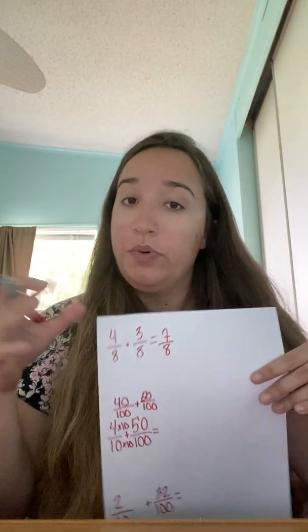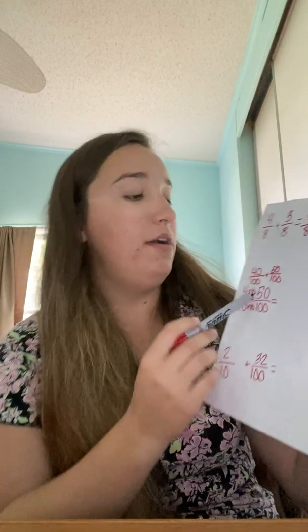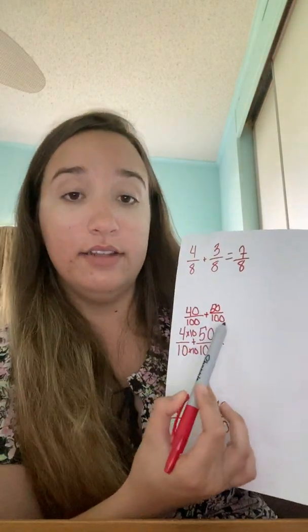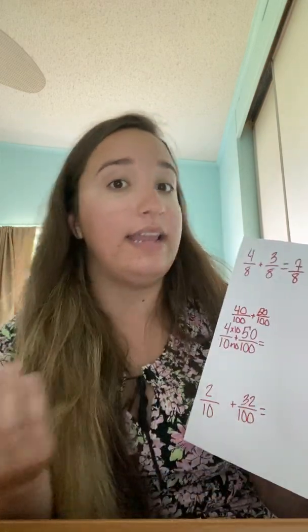Okay, so now we're going to add 40 over 100 to 50 over 100. Simple enough. That's like what we were doing in our last math lesson. We just reviewed. Now our fractions have like denominators. They're both 100, so we can easily add them, okay? So does anyone know what 40 plus 50 is?